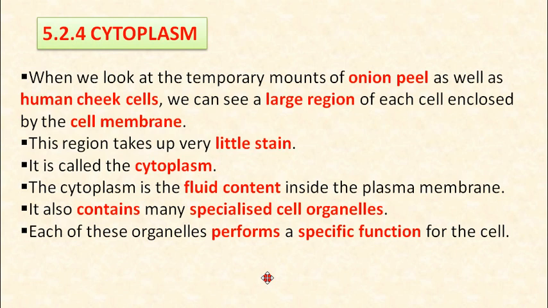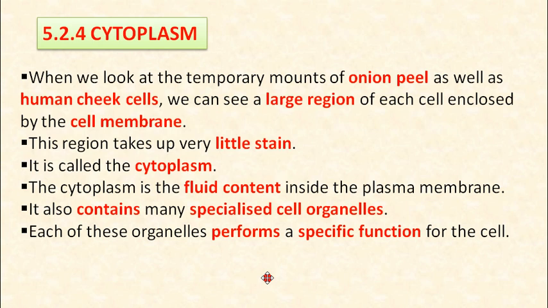When we look at the temporary mount of onion peel as well as human cheek cells, we can see a large region of each cell enclosed by the cell membrane. Onion peel is a plant cell and the human cheek cell is an animal cell, both ideal for this.